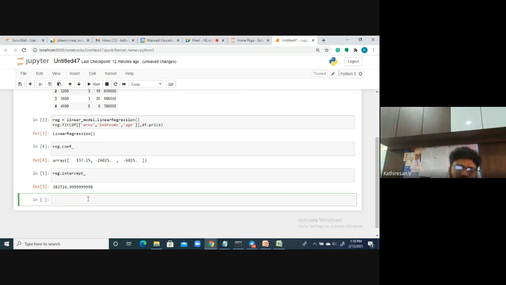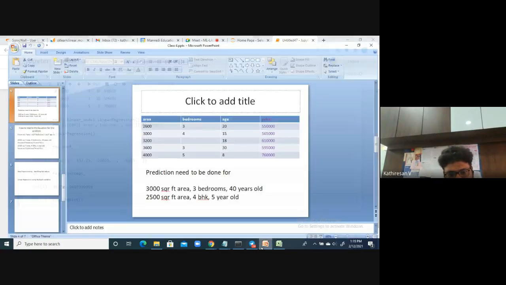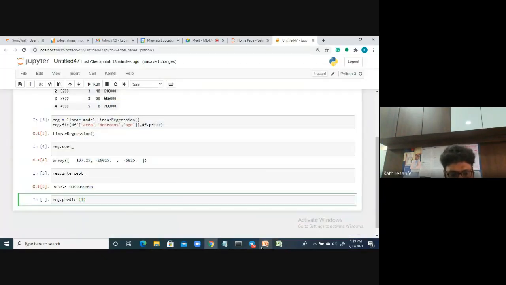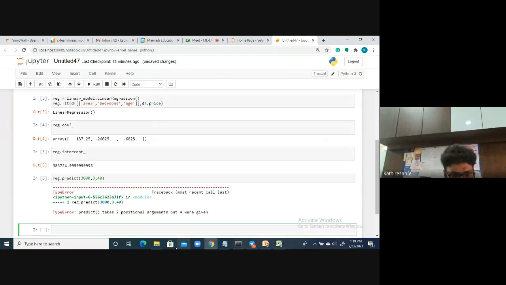Now if you want to do prediction, you can do regression dot predict. What do we need to predict? We need to find 3000 square feet, 3 BHK, and 40-year-old. So we put 3000, 3 bedrooms, and 40 years old. It shows an error: predict takes 2 positional arguments, but 4 were given.